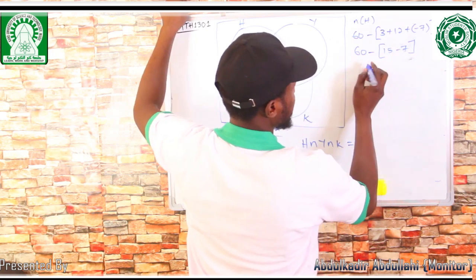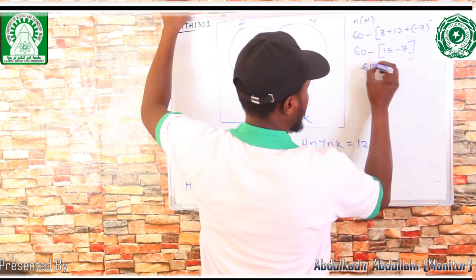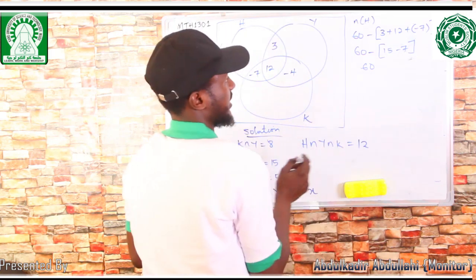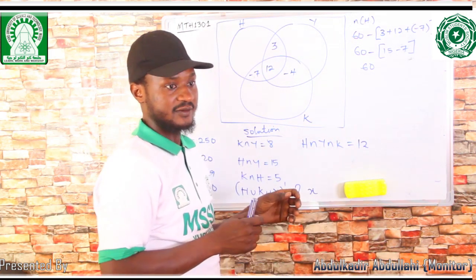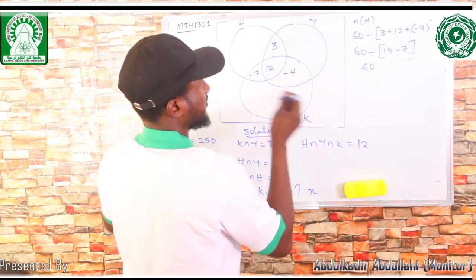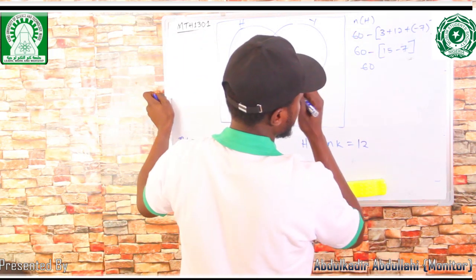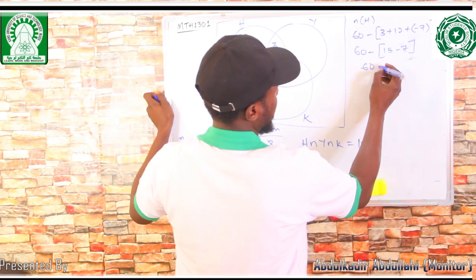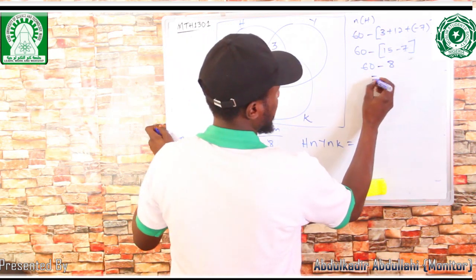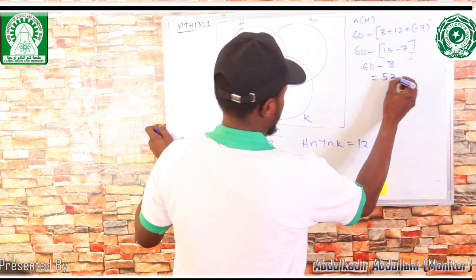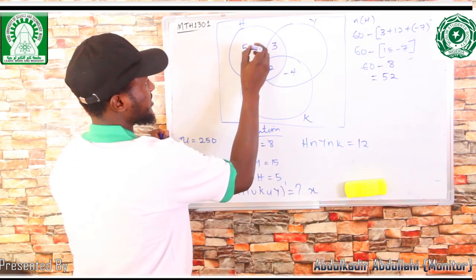What is 15 minus 7? Is it 8? Yes, it's 8. So 60 minus 8 here is just 52. So the number of H only is 52.